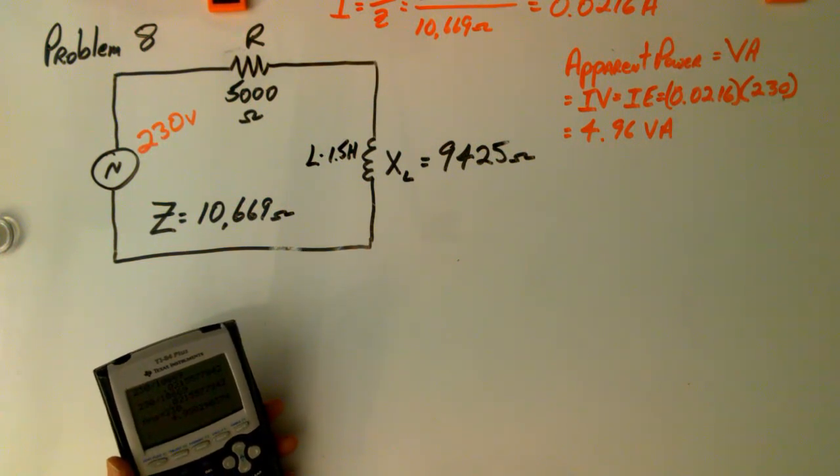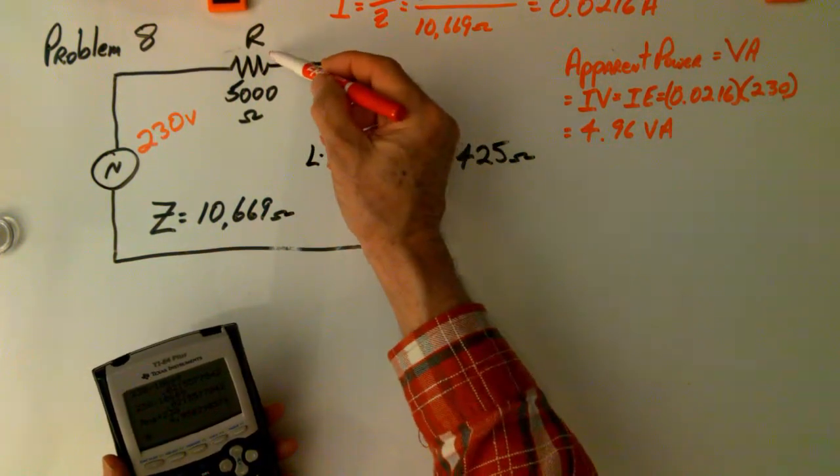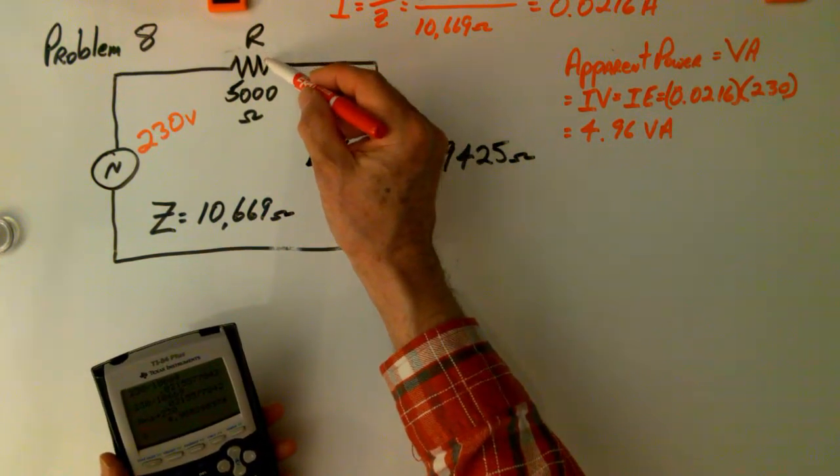I have already told you that the real power is consumed or produced by the resistor.